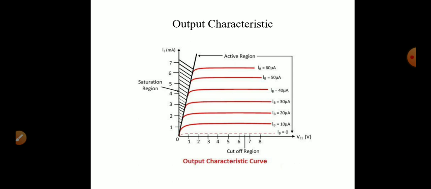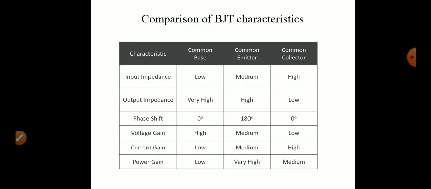When we increase the base current from 20 microampere to above, that means 30, 40, 50, 60, also in saturation region there is a sudden change or rapid change in the output current, and in active region output current remains almost constant, and in cutoff region output current is almost zero.